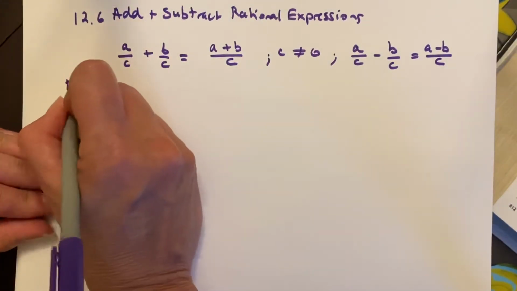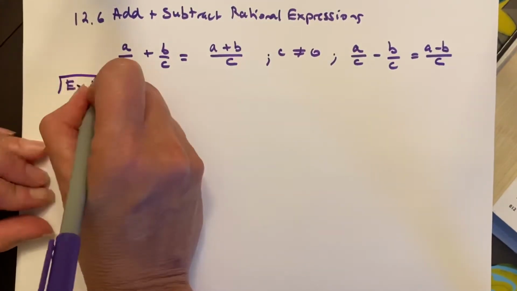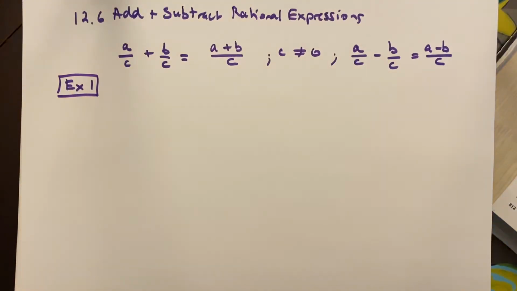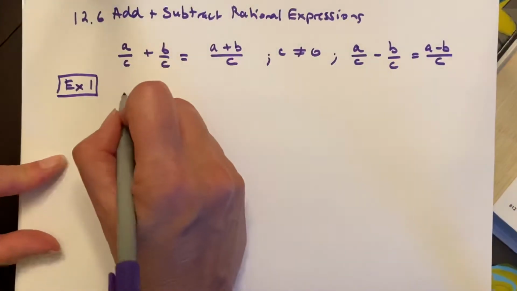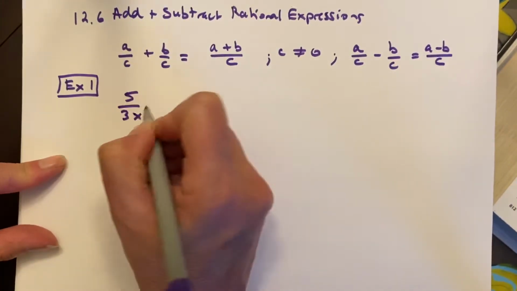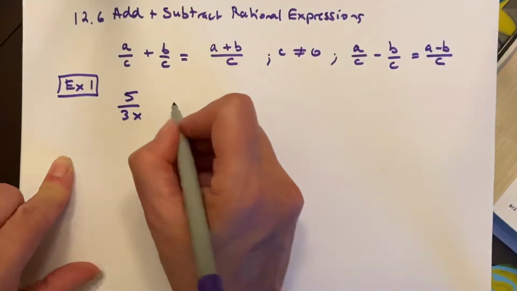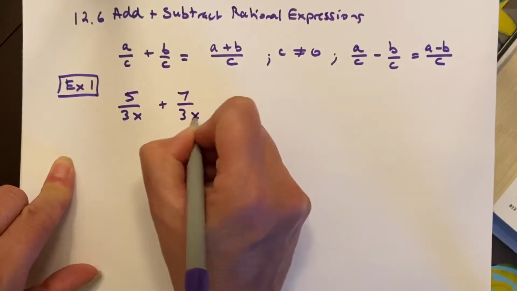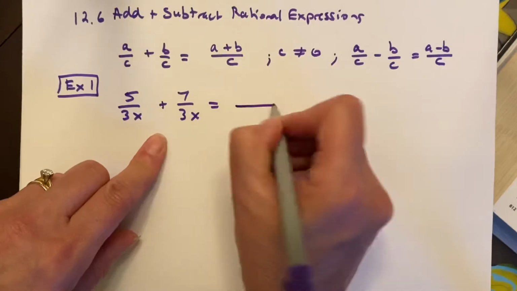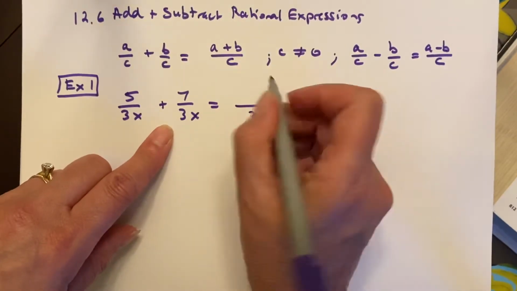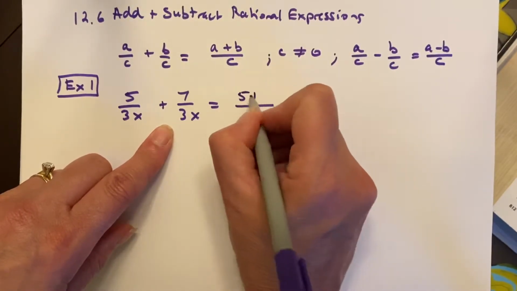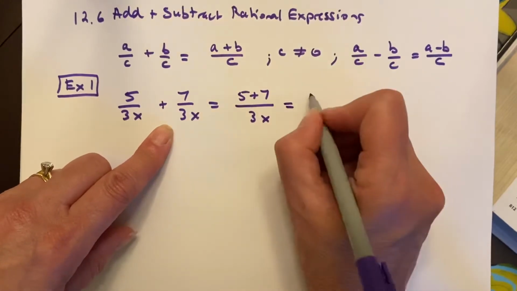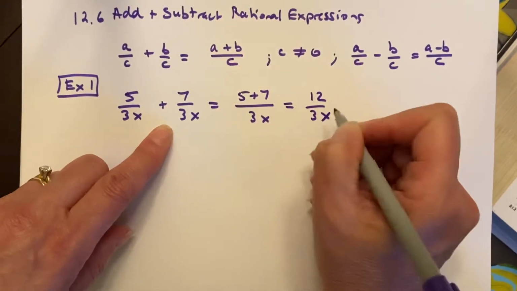So here's example 1. If I have 5 over 3x plus 7 over 3x, I know that I can keep this common denominator and add the numerators: 5 plus 7 over 3x, which gives me 12 over 3x.